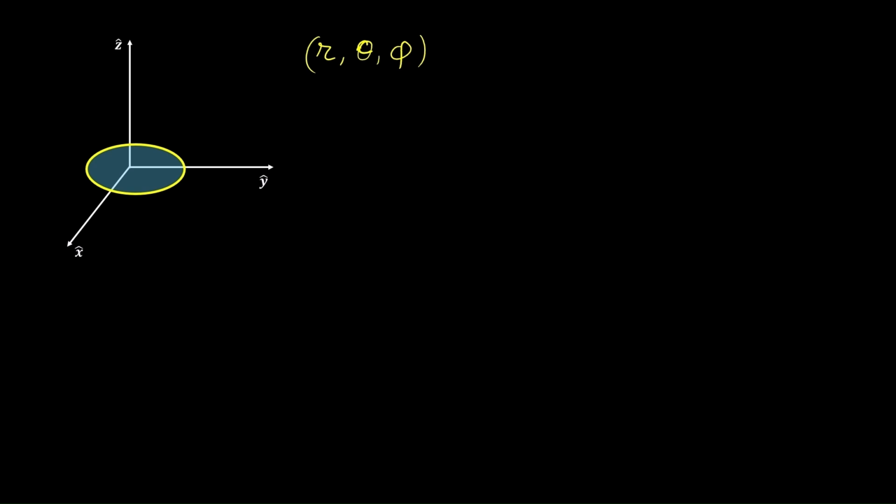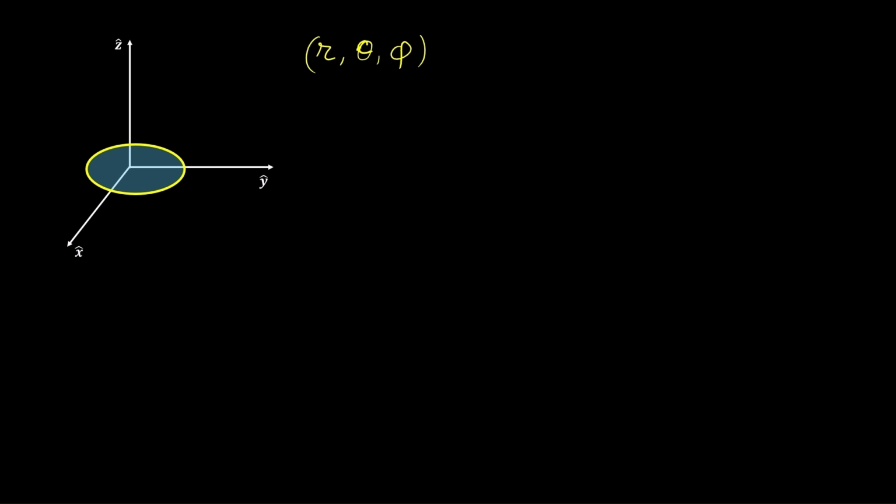Now let us do one more example where we want to find out the area of a circle using spherical coordinates. Now we know that for spherical coordinates it is r, theta, and phi, and since we are going to calculate the surface area, one of the variables has to be constant.